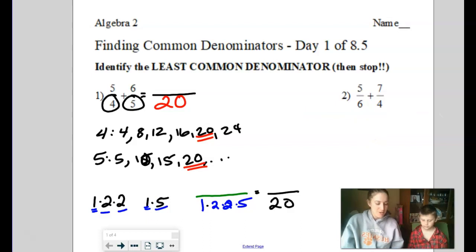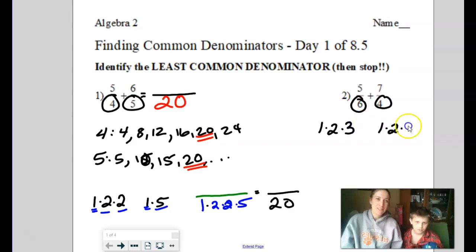All right, so let's talk about a 6. If I write out the prime factorization for 6, that is 1 times 2 times 3. You knew that. And the prime factorization for 4 is 1 times 2 times 2. When I look at what they have in common first, they have a common 1 and a common 2.